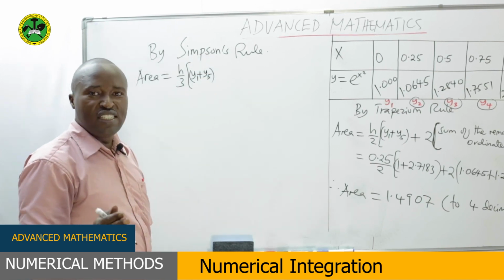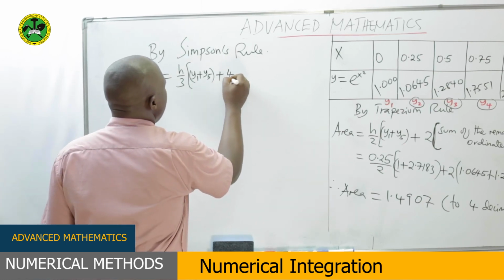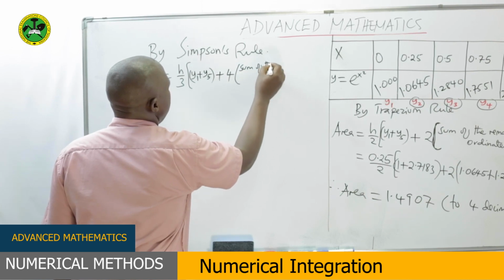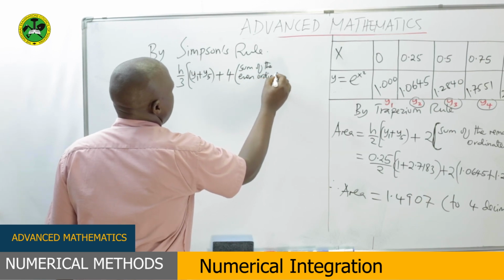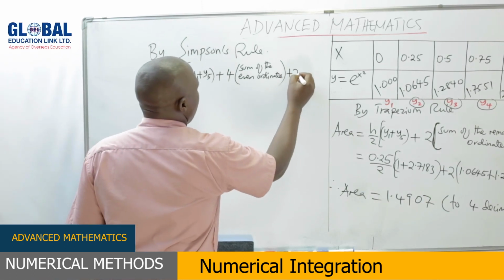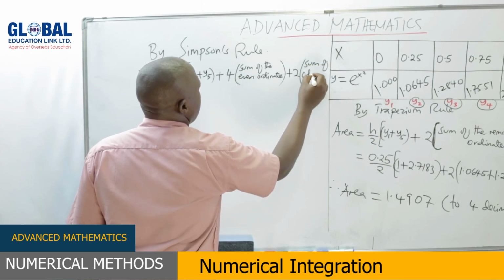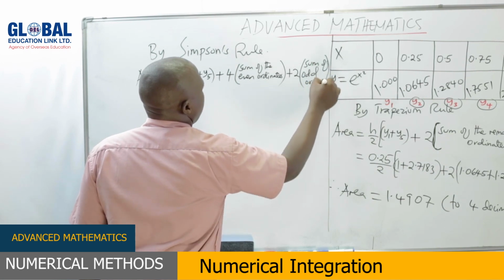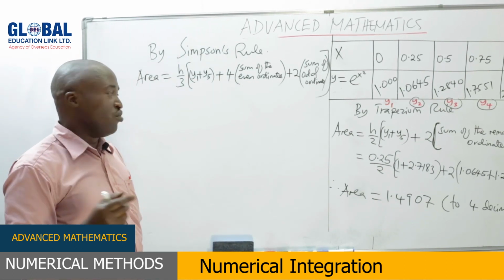That is the first ordinate plus the last ordinate. Then followed by 4 times the sum of the even ordinates. And the last one, that is 2, then the sum of odd ordinates. So that is the Simpson's rule.